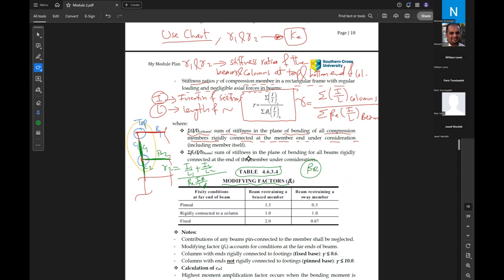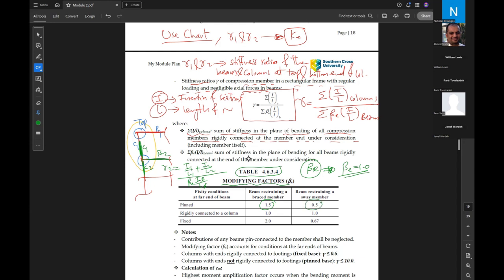For the worst or conservative case, you can assume beta effective as 1, if you don't know how to use the table. For example, if the far end of the beam is bent, beta effective is 1.5 in a braced frame and 0.5 in an unbraced frame.